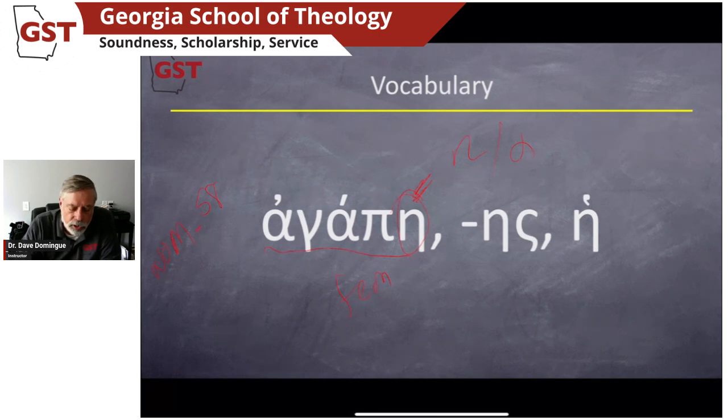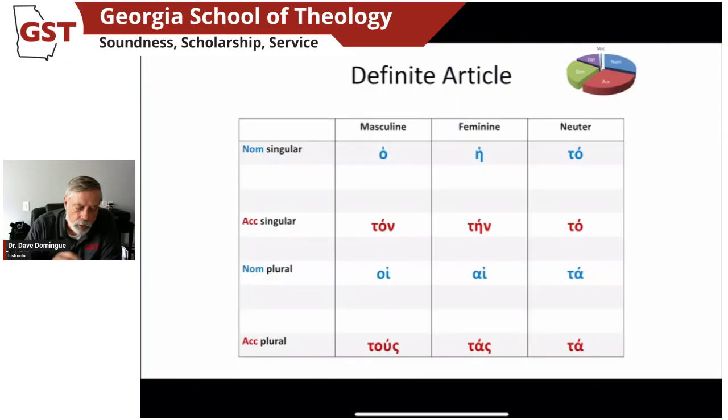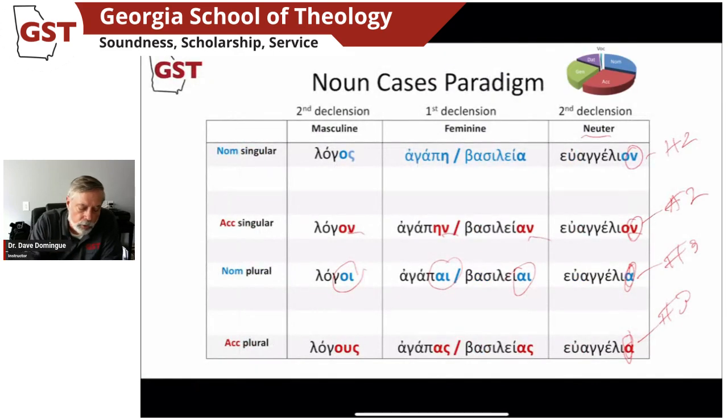All right, now you're going to see some other pieces here. So when we go back to here, we're going to learn this pattern for the nominative singular, the dative singular, the genitive singular, and then the nominative plural. There's room for the vocative here, but we're not going to go with the vocative.